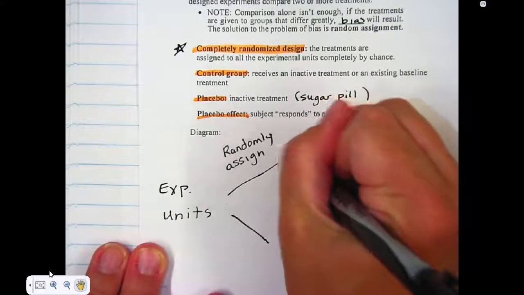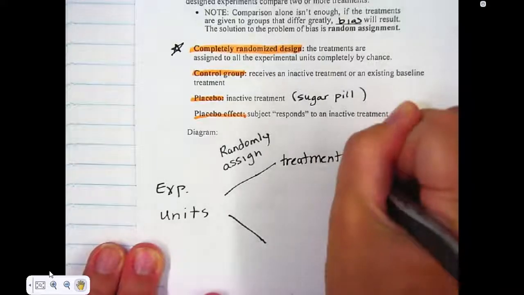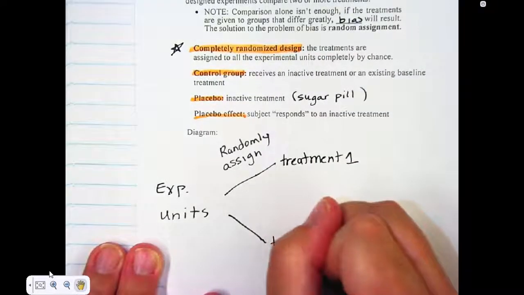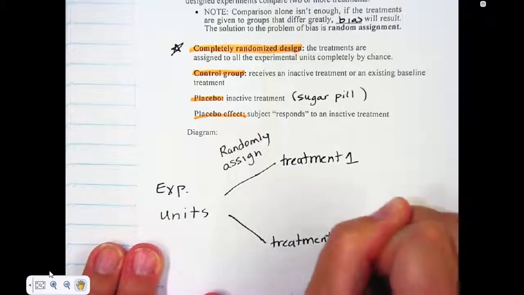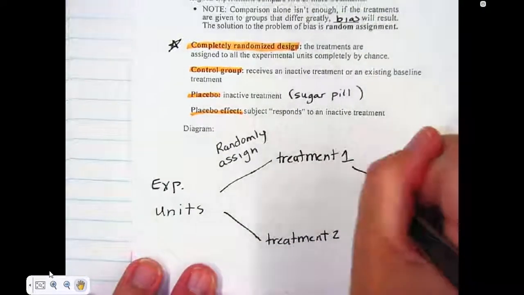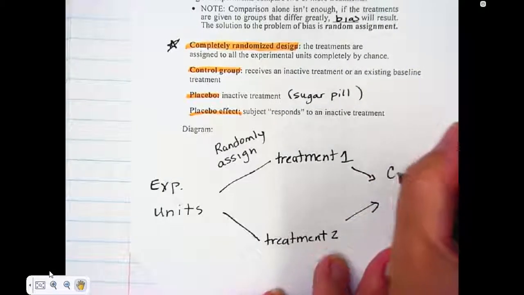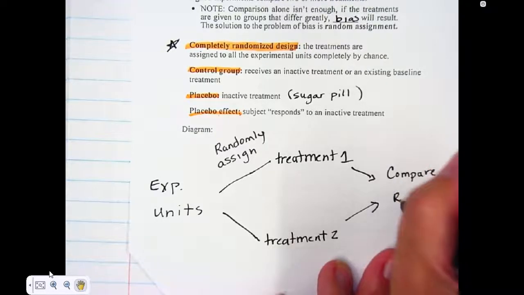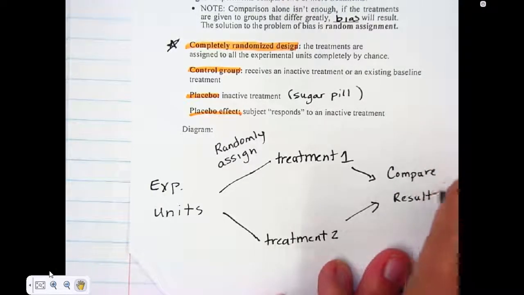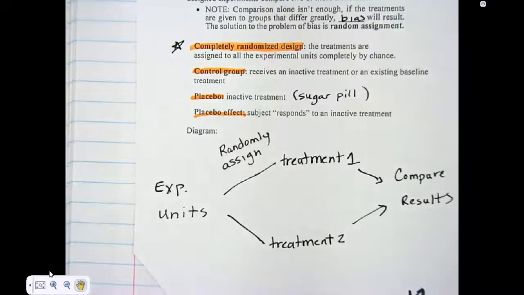I'm just going to say treatment 1 and treatment 2, but sometimes there could be a treatment 3 or a treatment 4, it just depends. And then after that, you compare the results. So you would just fill in these blanks, and this will give you the basic mapping for your experiment, which we'll give an example of in a few minutes.